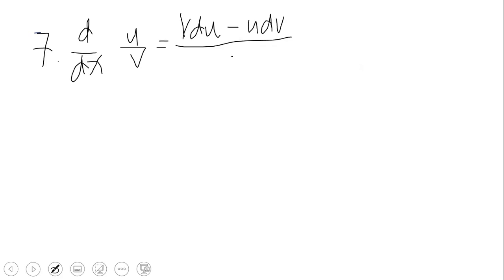So d over dx of u over v. So remember the differentiation of a rational function. So you have v du minus u dv over v squared.